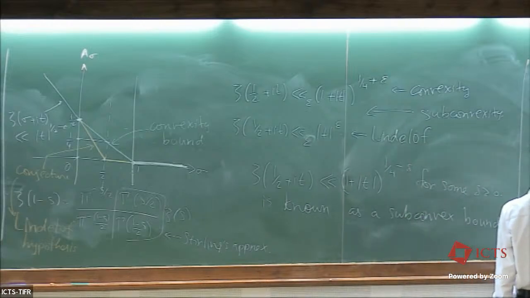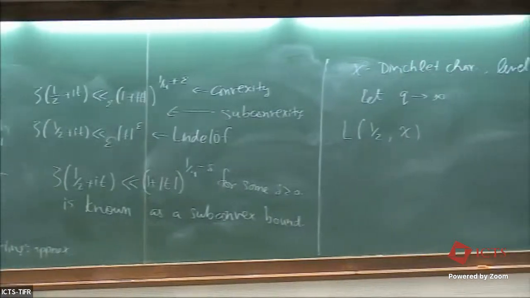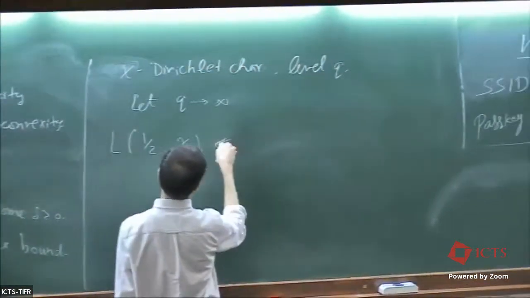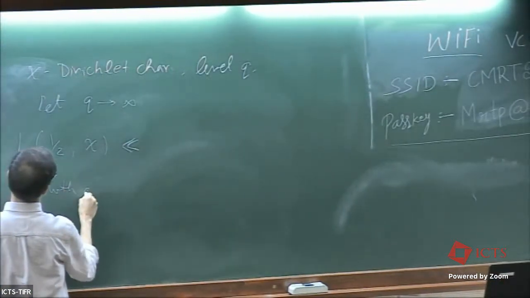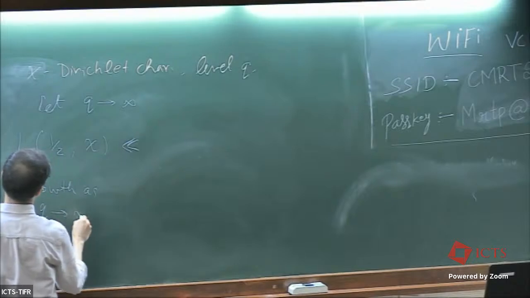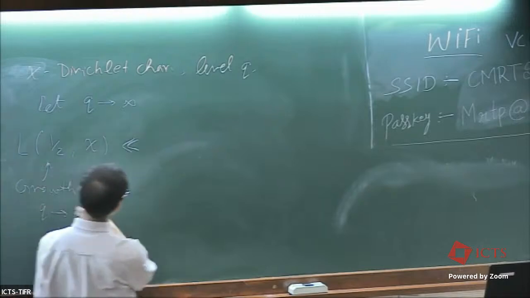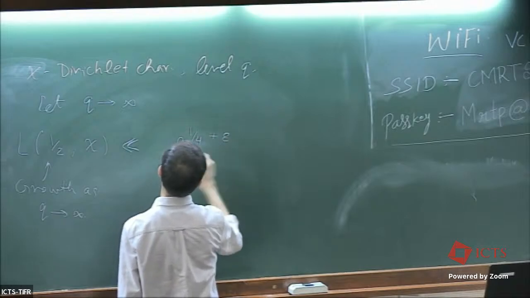I guess for simplicity, let me just look at the point 1/2, not at the line. And you can ask, how fast does this thing grow? So again, the growth as q goes to infinity. And the convexity bound over here is going to be very similar. It's going to be q to the 1/4 plus epsilon.